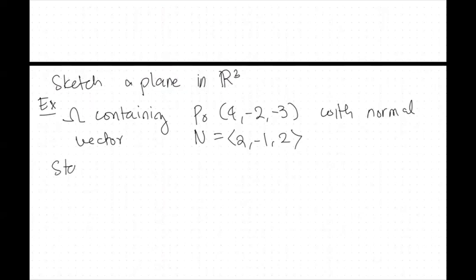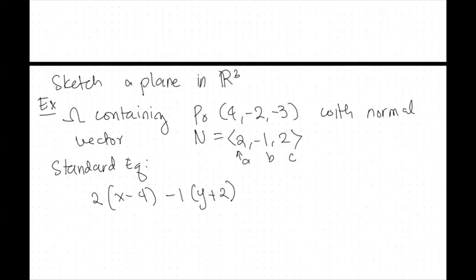Then the standard equation is just... Okay, no. Your A is this, B is this, C is this, so 2(x minus 4), then minus 1(y minus 2), so plus 2, and then plus 2(z plus 3) equal to 0.